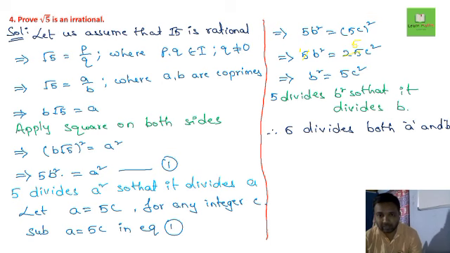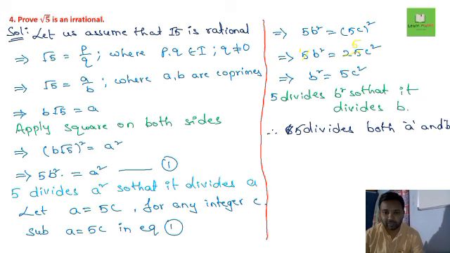But we got 5 as another common factor. If 5 is a common factor we got, then our assumption is false, because we have taken that a and b are co-prime numbers, but actually we didn't get co-prime numbers.